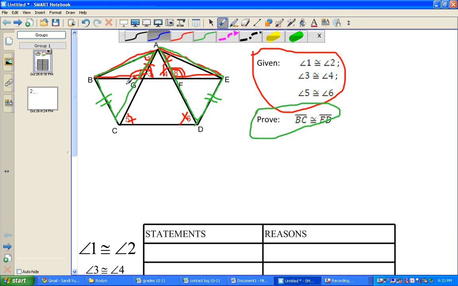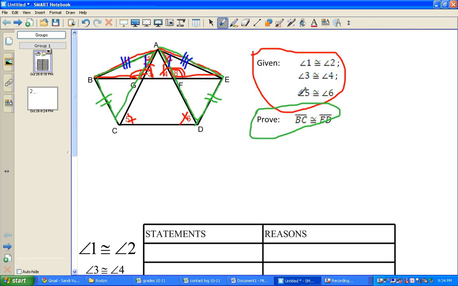Okay, let us try to make the connection with the blue marker. Since the red triangles ABG and AEF are congruent, we can say line segment AB must be congruent to AE. Once again, through CPCTC. Now, the second condition would have been, wait a minute, angle 1 was already congruent to angle 2 from the given. You see right here? That would have been the second condition. How about the third condition?